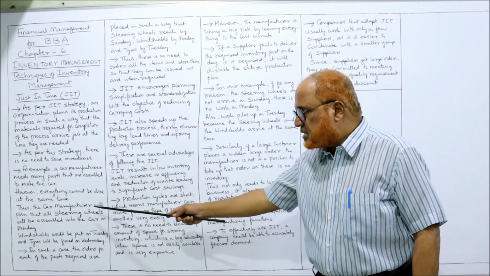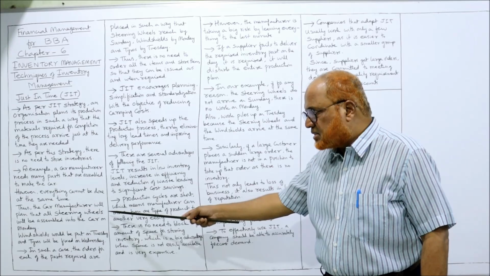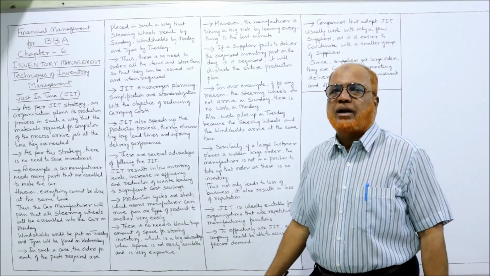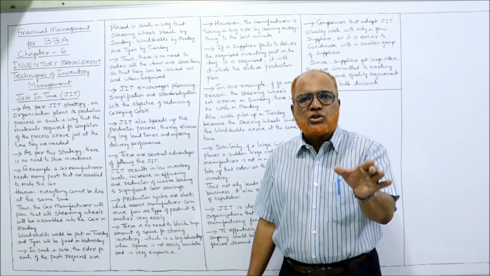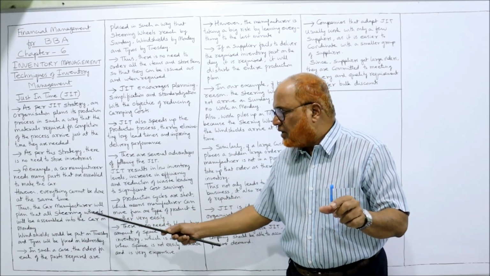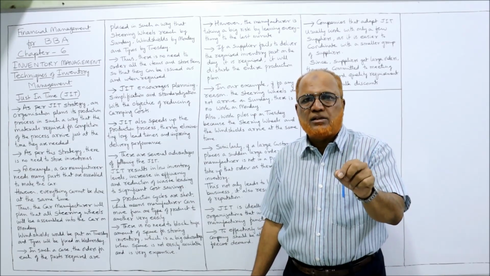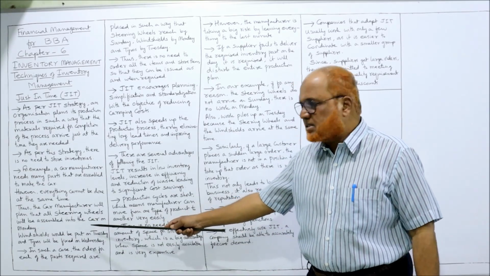So for example, the car manufacturer will plan that all steering wheels will be assembled into the car on Monday. They will plan the production process in such a way that steering wheels are assembled on Monday. Just an example.